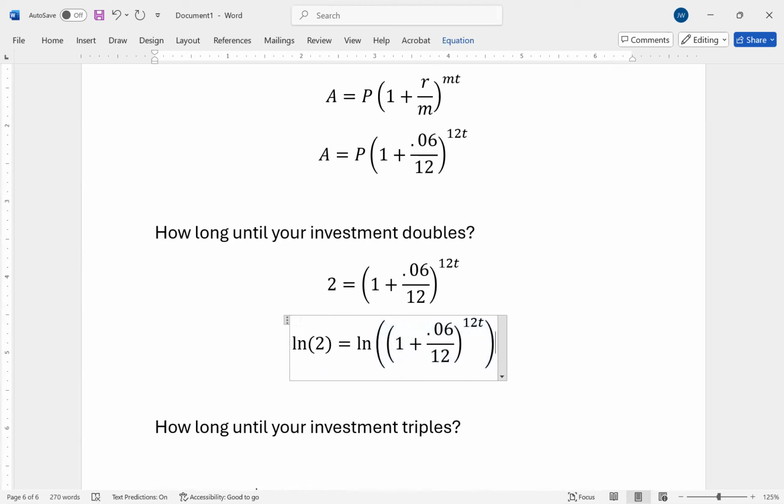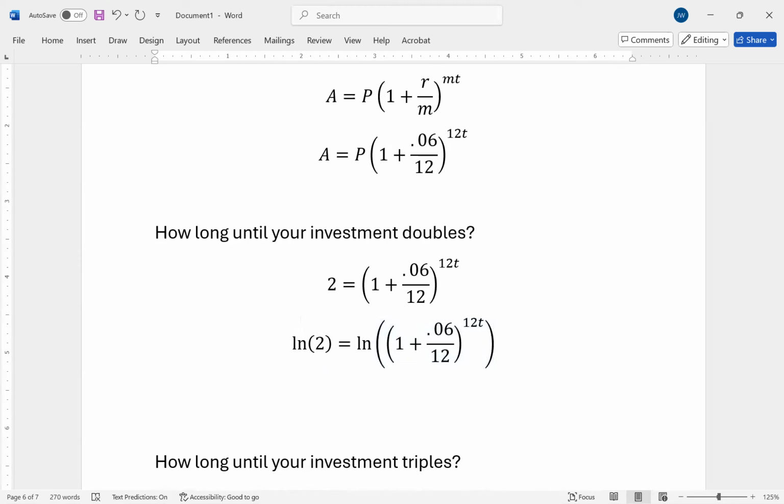Notice all of that is on the inside of the argument. Using the power rule of logarithms, that means natural log of 2 is equal to 12 times t times the natural log of 1 plus 0.06 over 12.